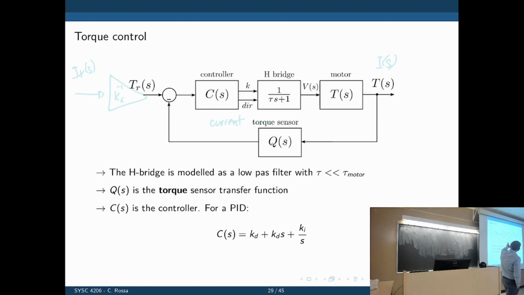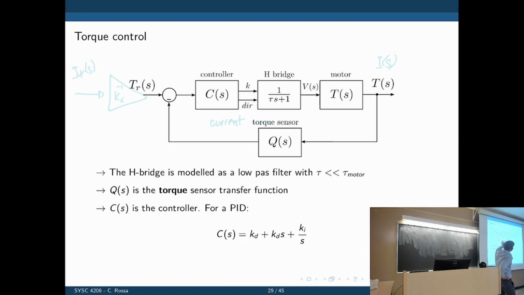We have an error in terms of current or torque that is given to the controller that could here be a PID controller. That creates now a signal that is given to a driver that gives the voltage to the motor.